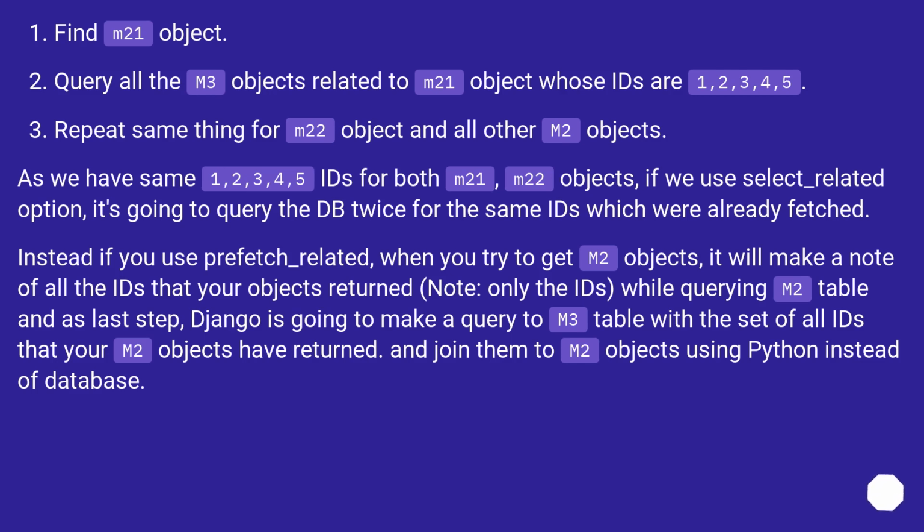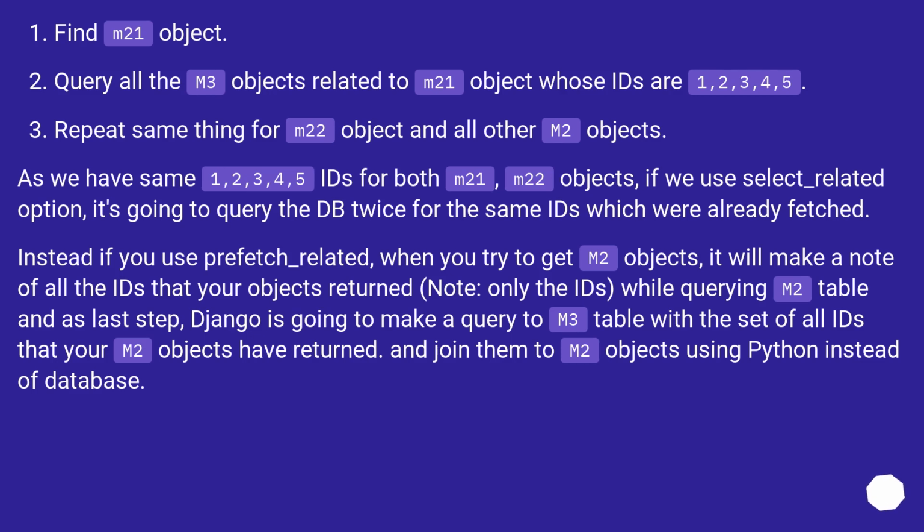Query all the M3 objects related to the M21 object whose IDs are 1, 2, 3, 4, 5. Repeat the same thing for the M22 object and all other M2 objects. As we have the same IDs 1, 2, 3, 4, 5 for both M21 and M22 objects, it's going to query the DB twice for the same IDs which were already fetched.